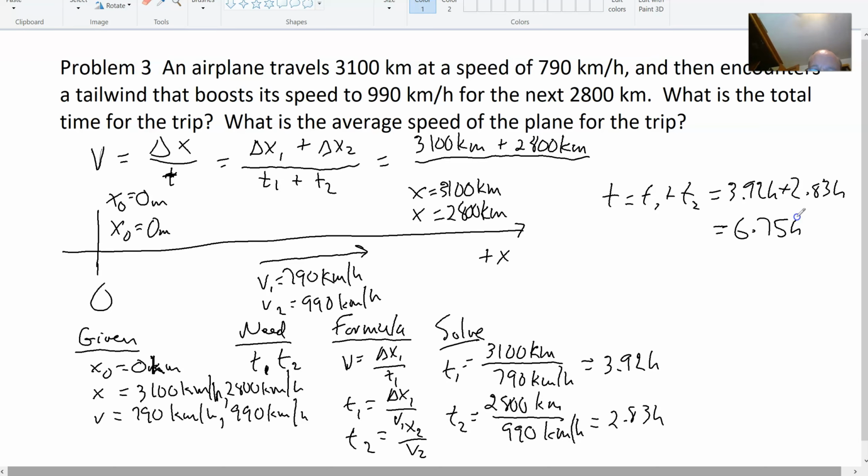And then finally, to get that final velocity, I can put the 6.75 hours here, and then I'm going to divide. 3,100 plus 2,800 is 5,900, so we want a total distance of 5,900 kilometers, and we did that in 6.75 hours.